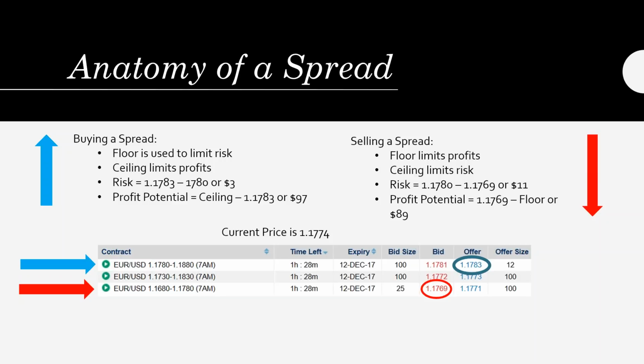In that case, your profit potential is $89 and your risk is $11. Again, you're using the red number, which is the bid, to limit your risk, and then the floor will actually limit your profit.